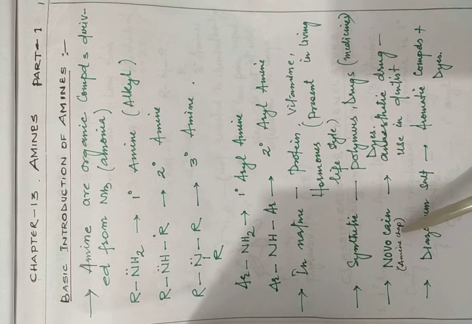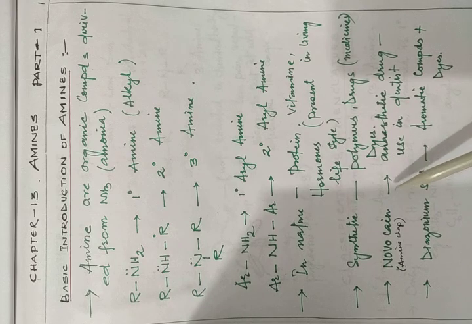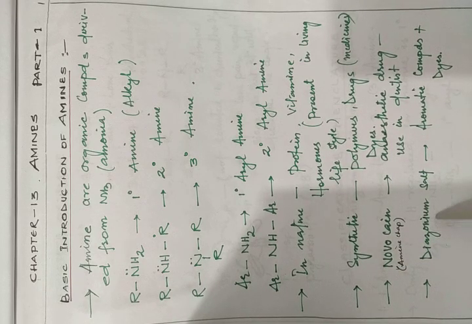In the exam, if novocaine is asked, then it belongs to the chapter of amines, not to the chemistry in everyday life chapter. Another one in this chapter is diazonium salts.